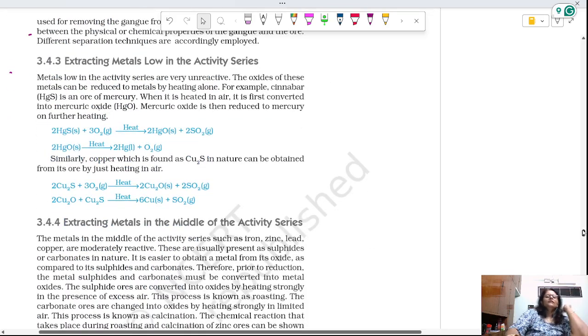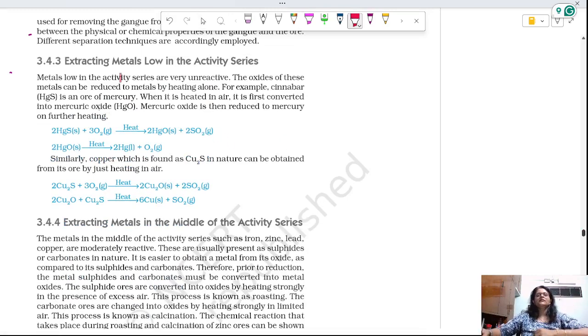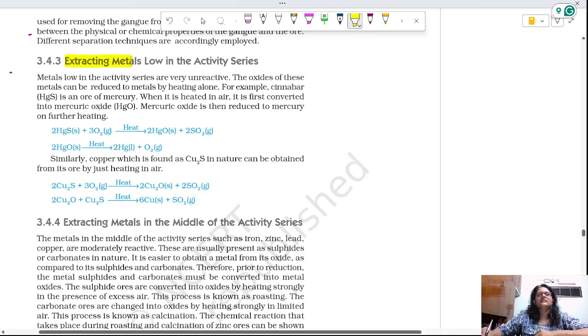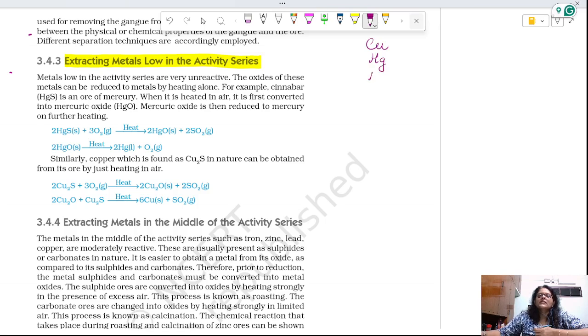Extracting metals belonging to the low activity series. Which are they? Copper, mercury, and silver. We are going to study about these too. Here we have already said that heating is sufficient.